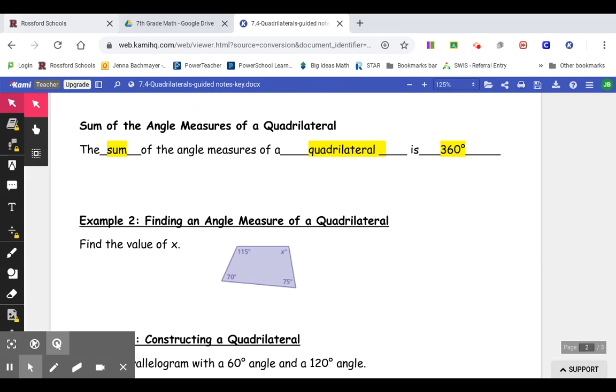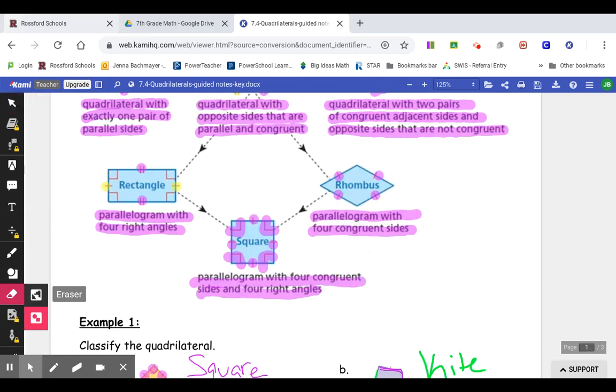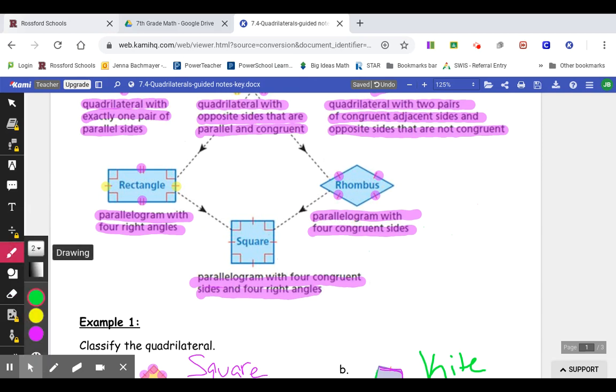All right, so let's take a look at some of the angle measures of a quadrilateral. When we talk about triangles, triangles are 3-sided, they equal 180 degrees. But quadrilaterals have 4 sides, and we are going to have a total of 360 degrees. I am going to go back and explain why. A square is the easiest to look at, I think. We have 4 right angles in a square, and each right angle equals 90 degrees.